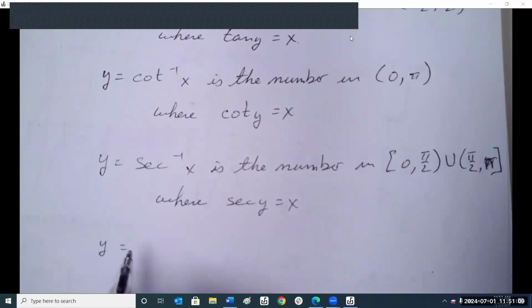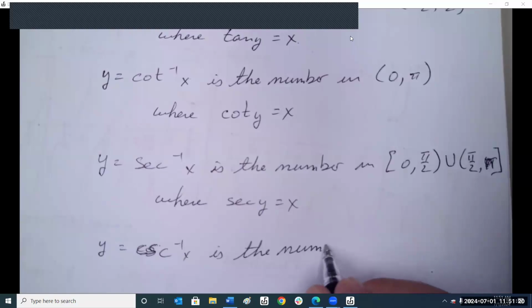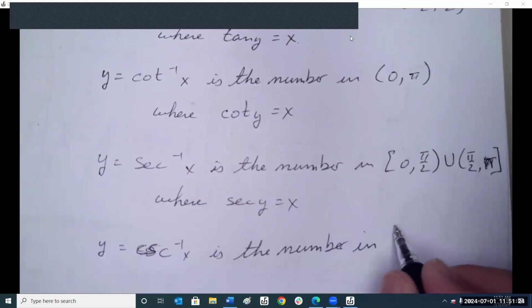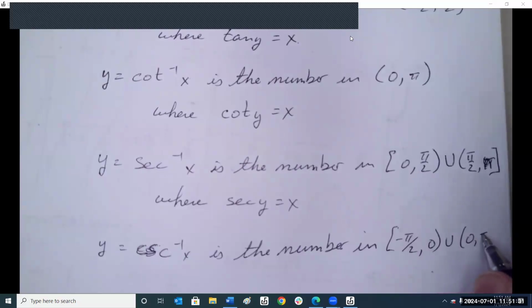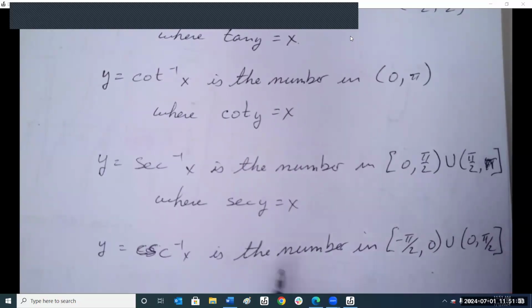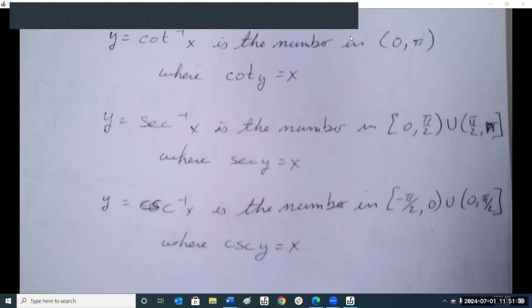And lastly, the inverse of the cosecant is the number in the half open interval negative pi over 2, 0, union 0, pi over 2, closed interval, where the cosecant of y equals x.